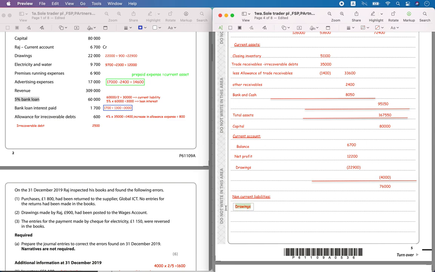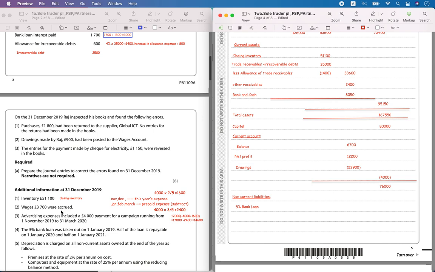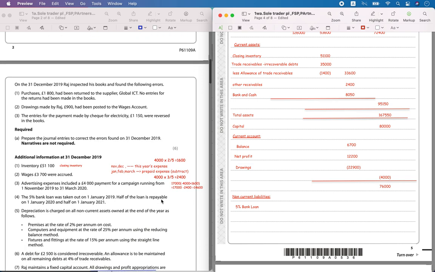So the 5% bank loan that remains in non-current liabilities will be just around 30,000, which is half of the 60,000 loan. This was already calculated in the previous video. The half of the loan is repayable on 1st Jan 2020 and the remaining is due in 2021. So that's why I'm going to write 30,000 as the remaining non-current liability.